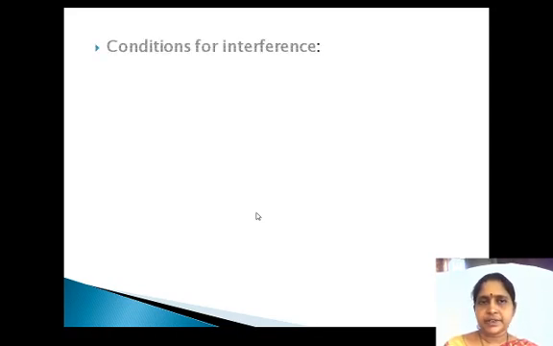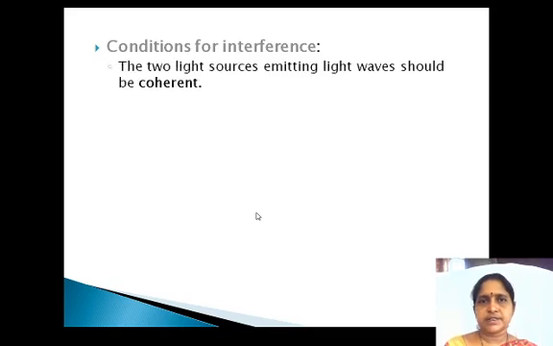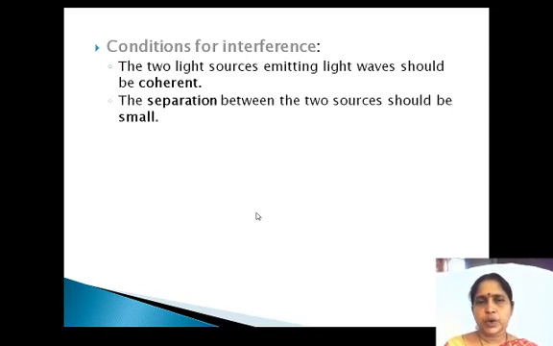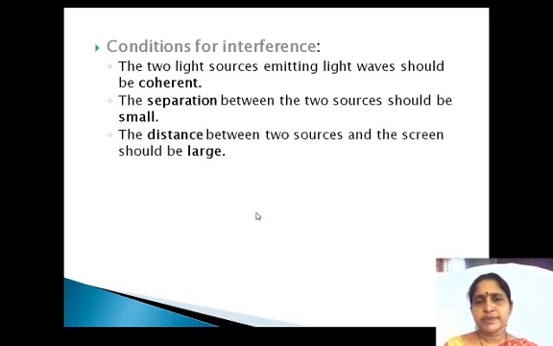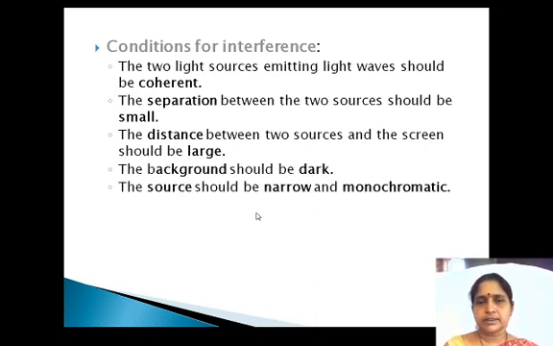Conditions for interference. The two light sources emitting light waves should be coherent. The separation between the two sources should be small. The distance between the sources and the screen should be large. The background should be dark. The source should be narrow and monochromatic. So these are the conditions for interference.